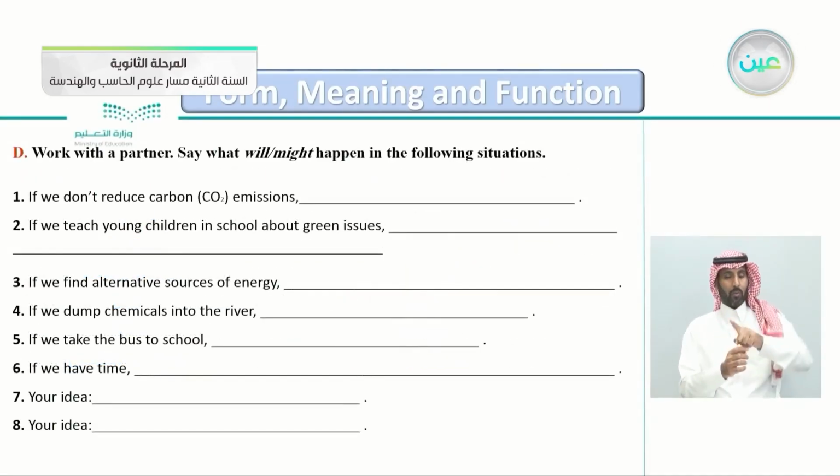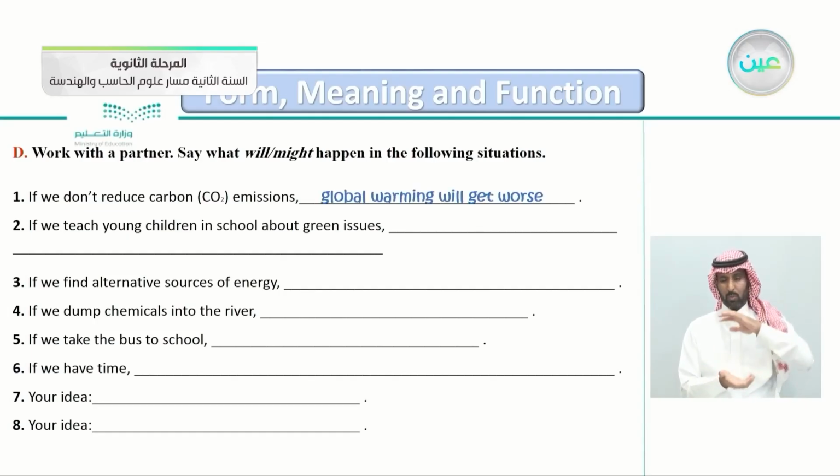Exercise D here with a partner. Work with the partner. Say what will or might happen in the following situations. If you don't reduce carbon, CO2 emissions, you can, of course, continue this by yourself. So, for example, I wrote in the first one, if we don't reduce carbon emissions, what will happen?